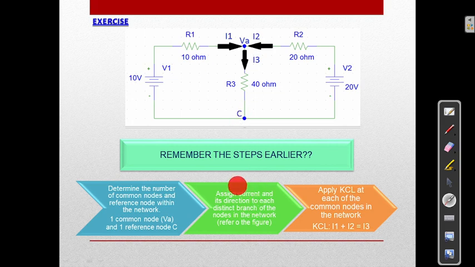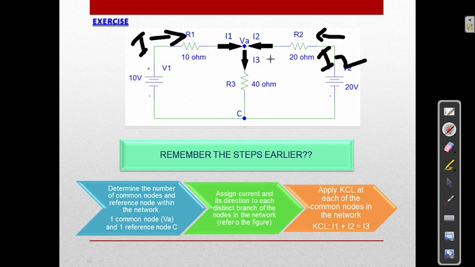Then we have to assign the current and its direction to each distinguished branch of the nodes in the network. So we have to give the direction. Here it is V1 and R1, so the current is I1. Current flows from positive to negative, so it flows like this. Then V2 is positive over here and R2 is here, so this current is I2, going in this direction. Then the outward direction is I3.